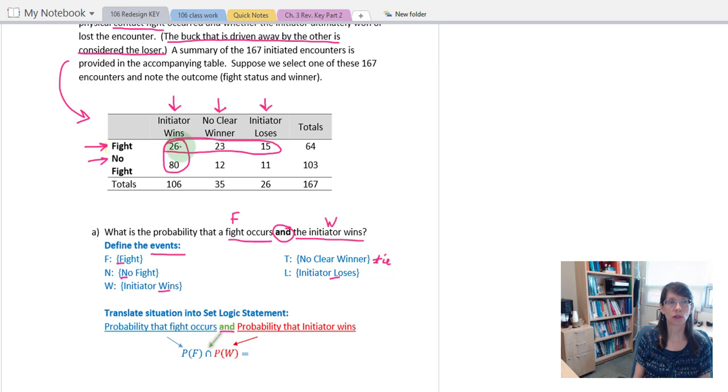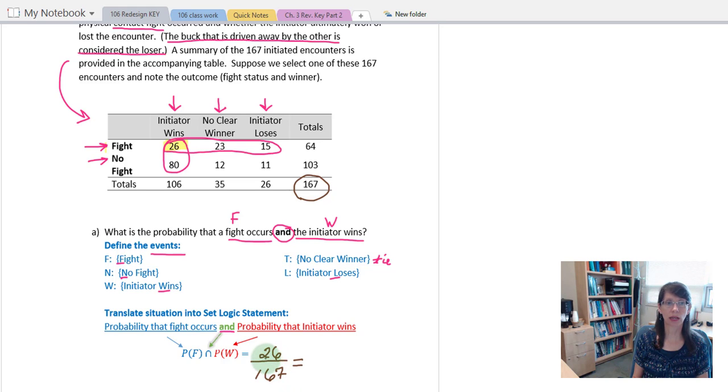So you can see where there's some overlapping. Right there at the number 26 is where these two events intersect. So to calculate the probability of the intersection of these events, we're going to use the number 26 and divide that by the total possible. Remember, there were 167 observations. So 26 divided by 167 is what we would be calculating.